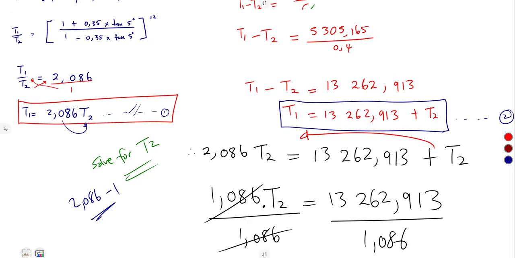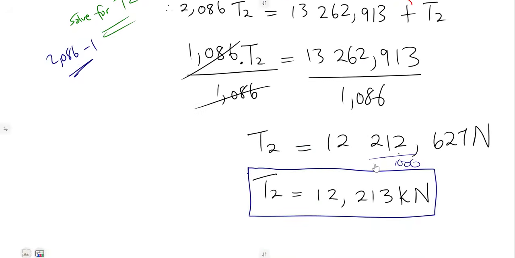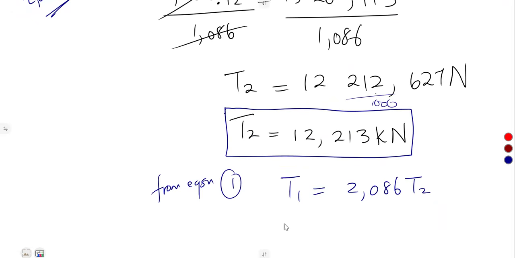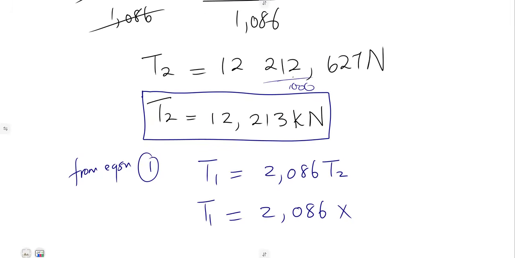So using equation 1, T1 is equal to, from equation 1, T1 is equal to 2.086 of T2. So therefore, T1 is equal to 2.086 times T2. So it is either you're going to use this one in Newton or you're going to have the one in kilonewton.